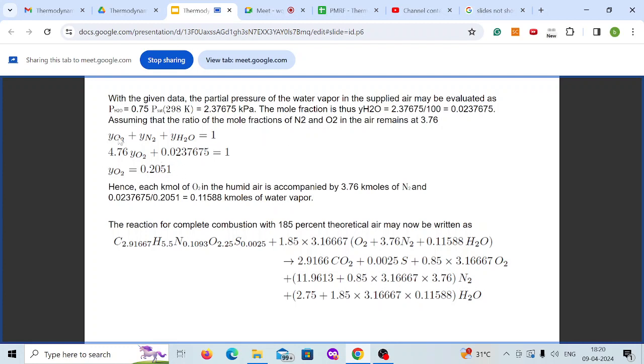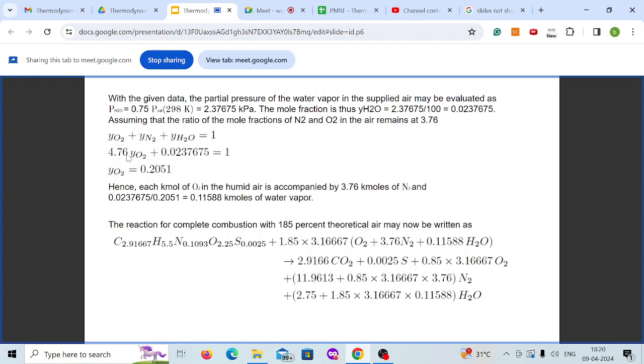Assuming that the ratio of the mole fraction of nitrogen to oxygen in the air remains at 3.76, what will be the air's mole fractions? You have oxygen and nitrogen, and their ratio remains the same: for 1 mole of oxygen, you have 3.76 moles of nitrogen present in air.